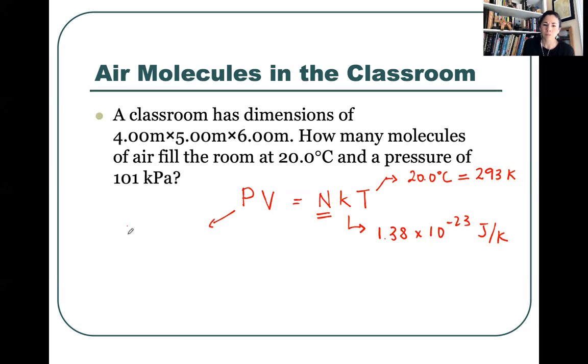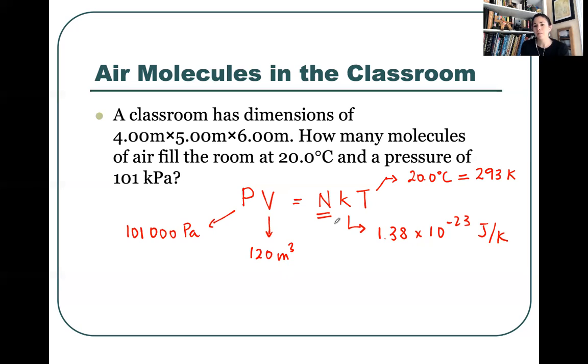So that is going to be 101, but it's kilopascal, so make sure to multiply by your thousands. All right, so that's going to be my pressure. And then the volume is going to be 4 times 5 times 6. So 4 times 5 is 20 times 6, that's going to be 120. And that's given in meters times meters times meters, cubic meters.